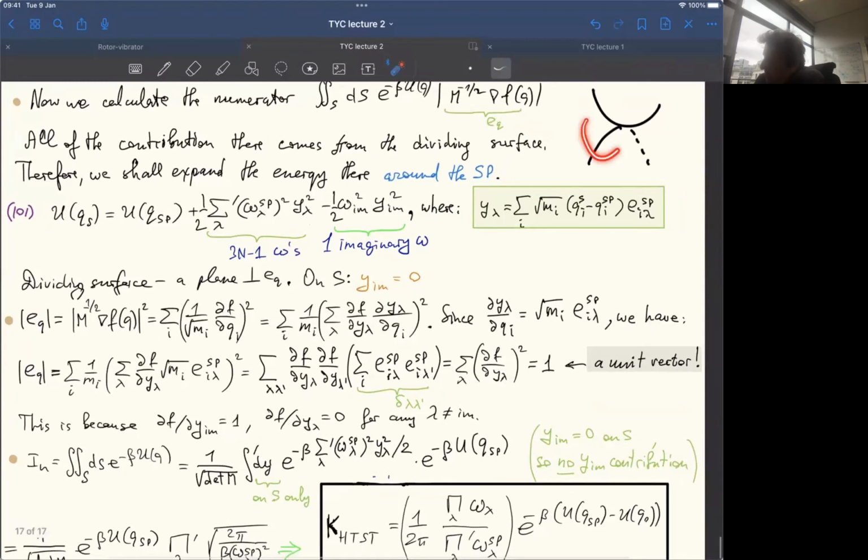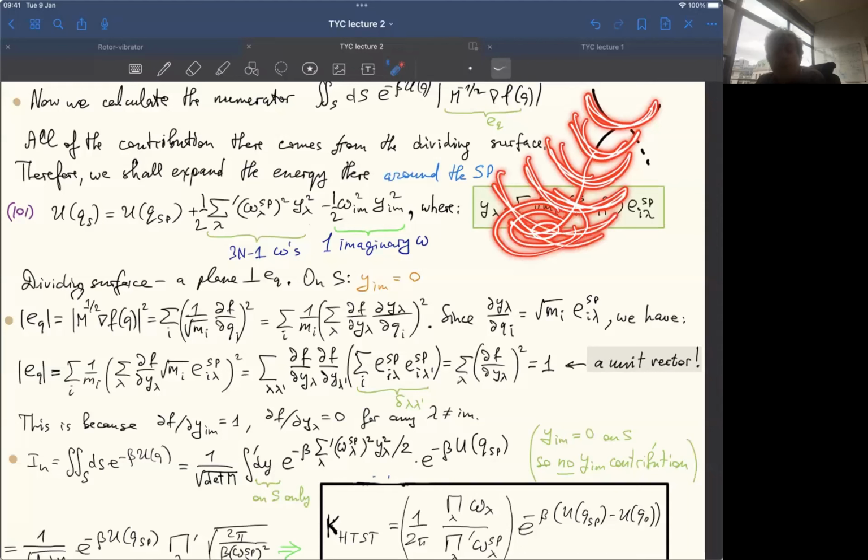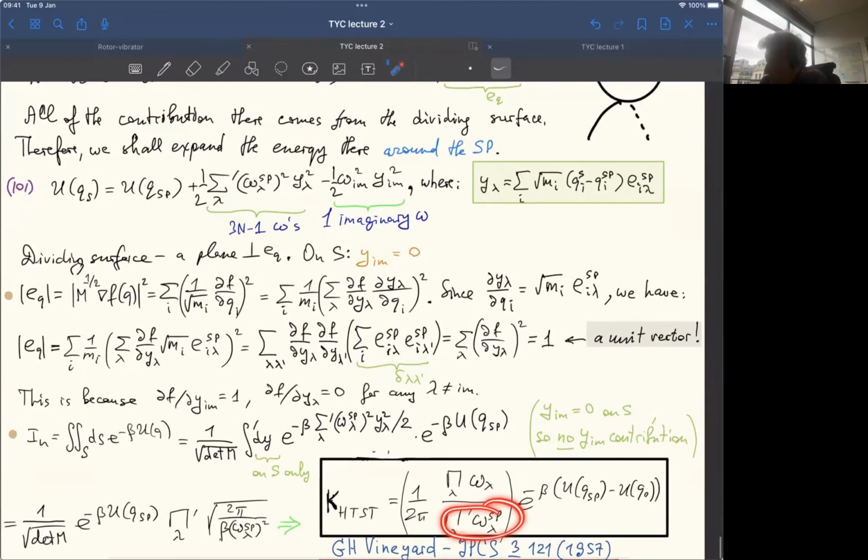So you can imagine that as you go down to the reactant basin, all these frequencies corresponding to the dividing surface remain the same, but the frequency which takes you to the transition, that changes. Initially, when you're in a basin, the frequency is positive, but as you approach the saddle point, that frequency becomes purely imaginary, and you do not account for it here.